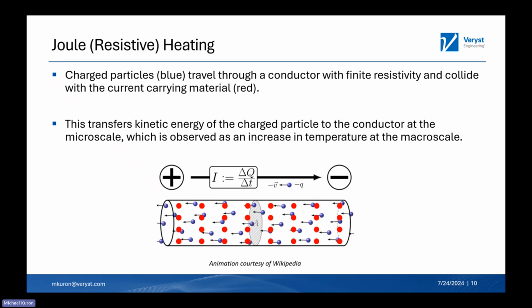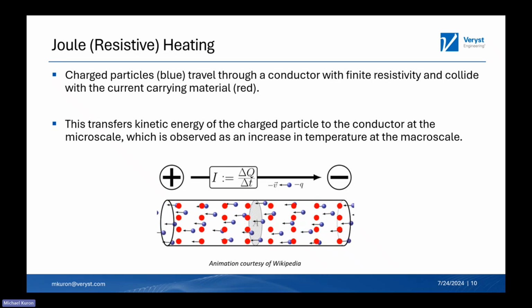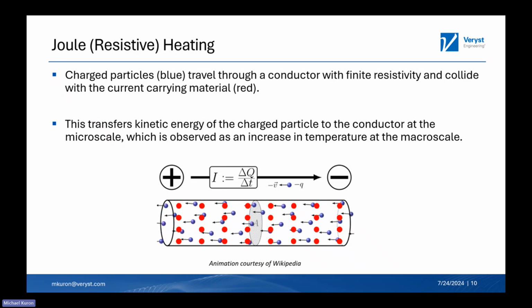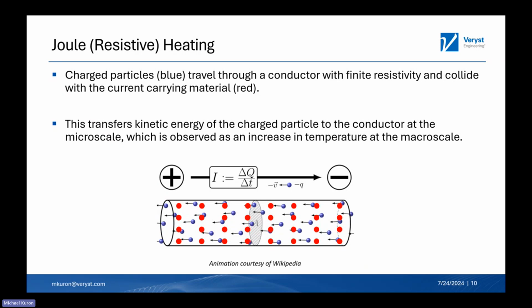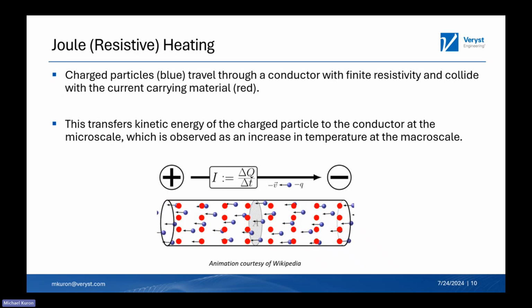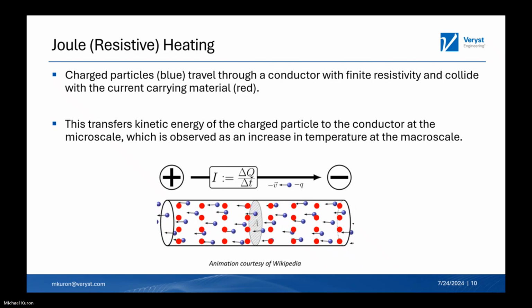That collision is the transfer of kinetic energy from the charged particle to the conductor at the microscale, which we observe as an increase in temperature at the macro scale. And so this is a pretty straightforward mechanism whereby this collisional activity leads to an increase in temperature.